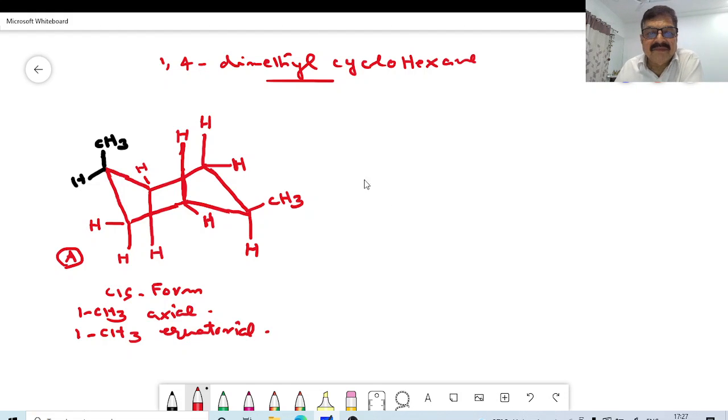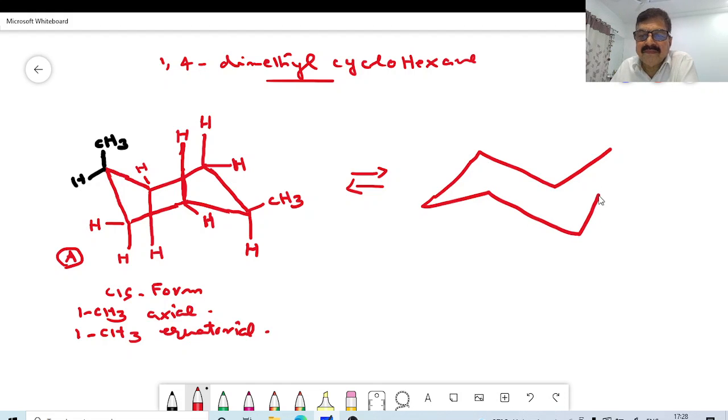In ring flipping, this conformation will become another one. Now we will mark this axial methyl group, it will become an equatorial methyl group.